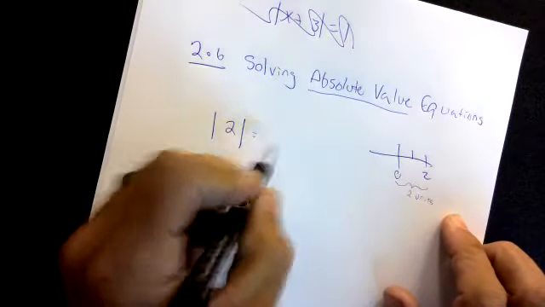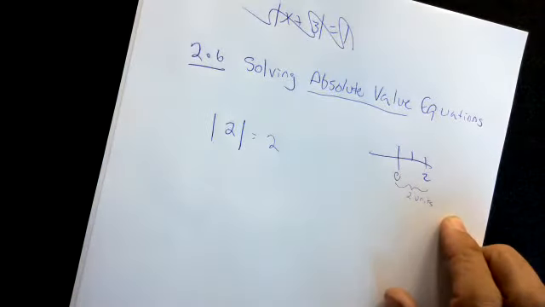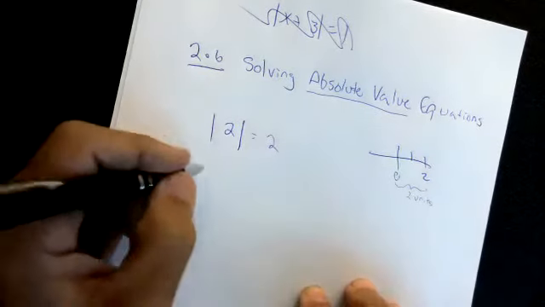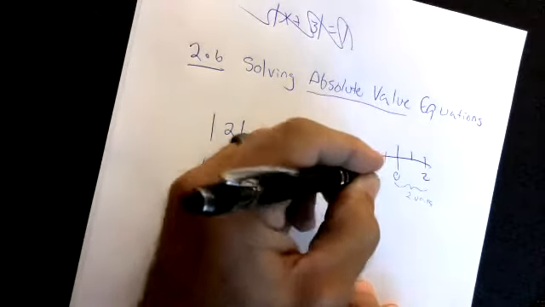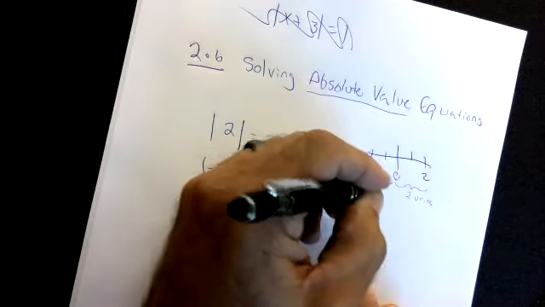So the absolute value implies a positive 2. The absolute value of negative 2 implies that this is also 2 units away from 0.